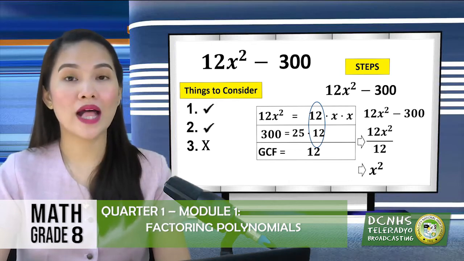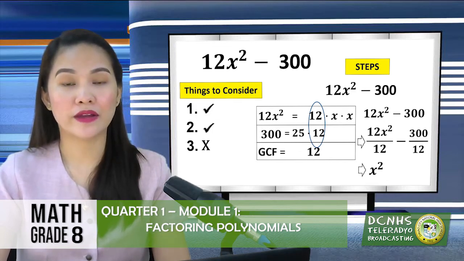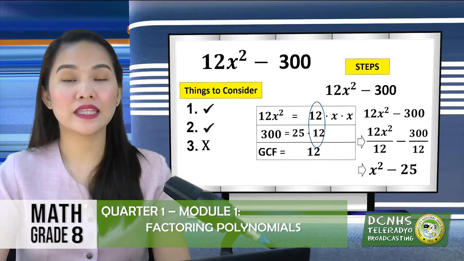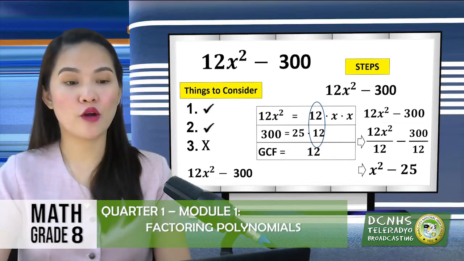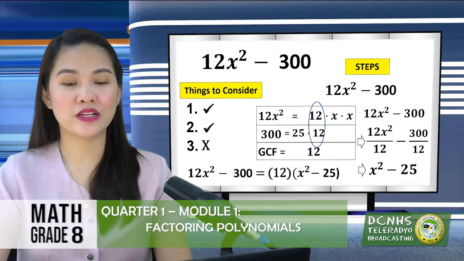Next, 12x squared divided by 12 is x squared, and negative 300 divided by 12 is negative 25. Therefore, the factors of 12x squared minus 300 are 12 times the quantity of x squared minus 25.